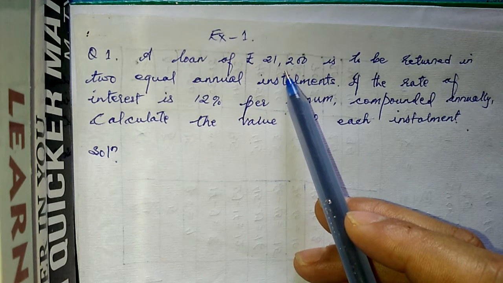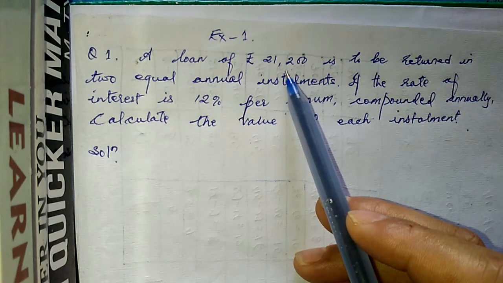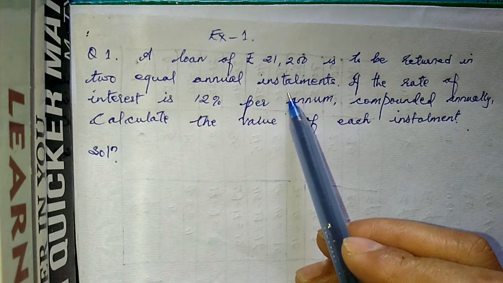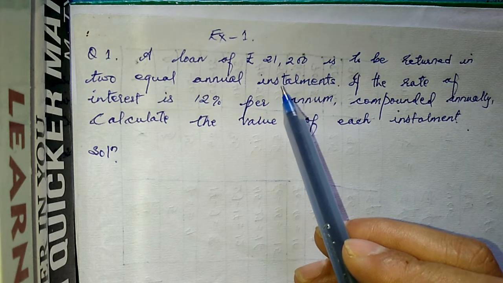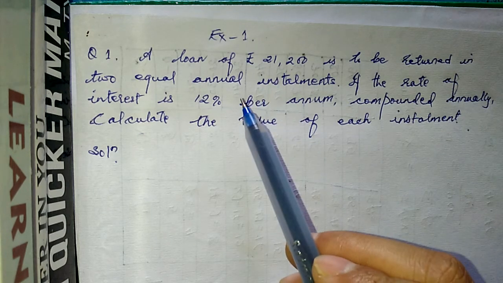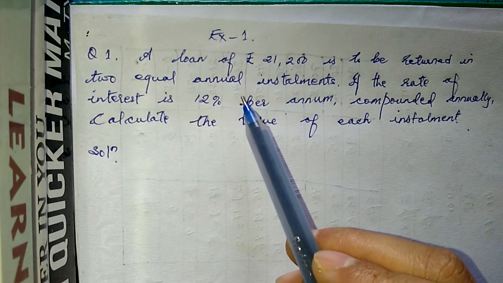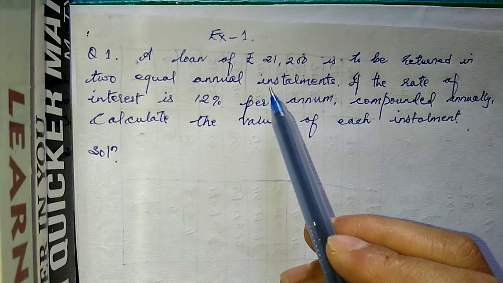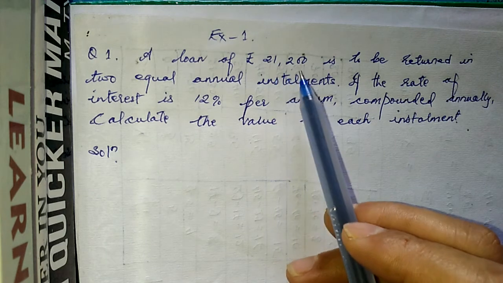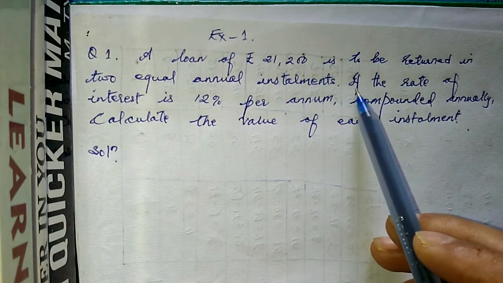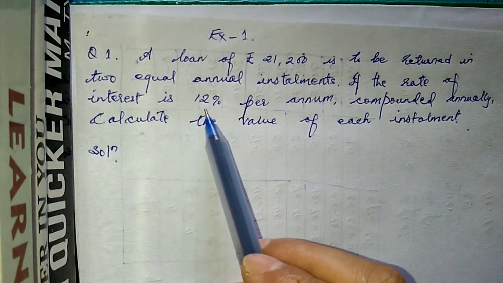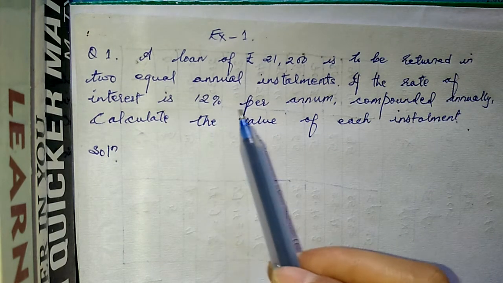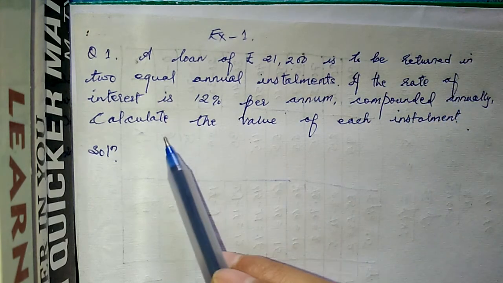You borrow some money, and after 2 years, let's say if it is 2 equal annual installments, each year you have to pay a certain amount, and that money sums up to 21,200. If the rate of interest is 12% per annum, compounded annually, calculate the value of each installment. We have to find each installment.